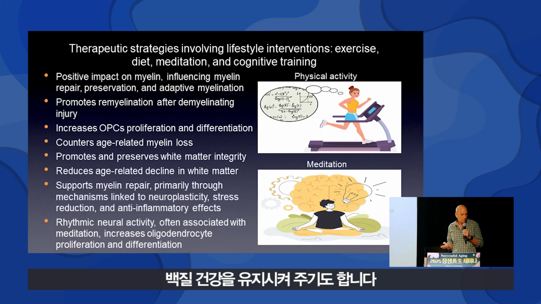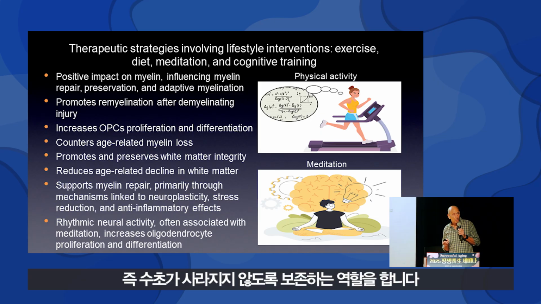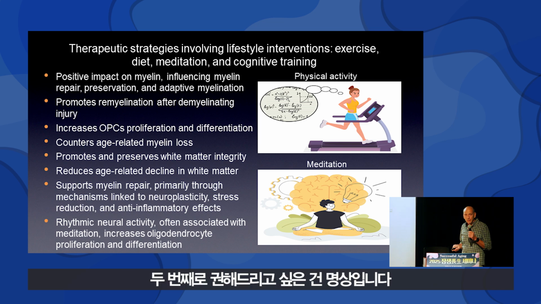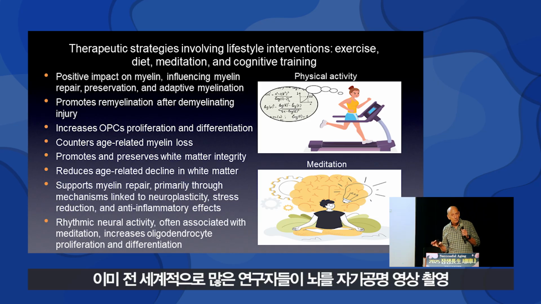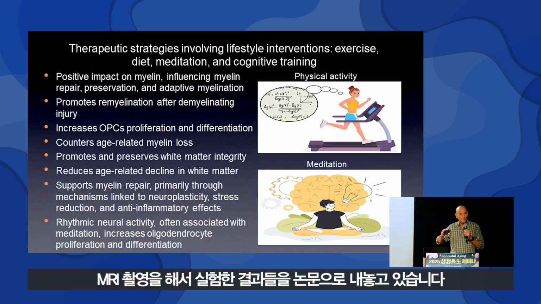It preserves our myelin and stops it from deteriorating. Really the same thing goes for meditation. There are a bunch of papers where people have tested this, with MRI and also experimentally.